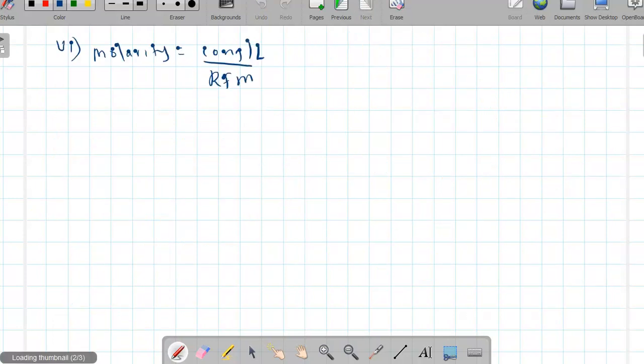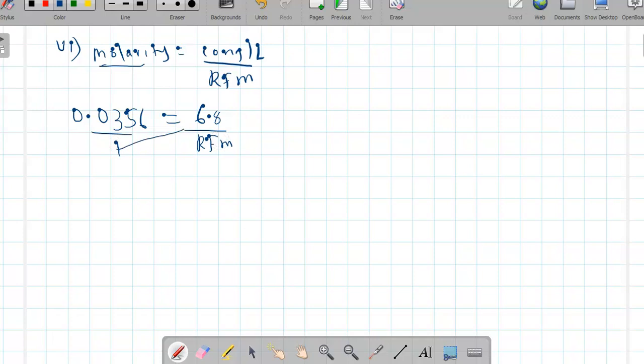So next page, instead of molarity, we write 0.0356 is equal to concentration, which is 6.8 over RFM. We don't know RFM. So here we have 1, then cross multiplication. RFM multiplied by 0.0356 is equal to 1 times 6.8.